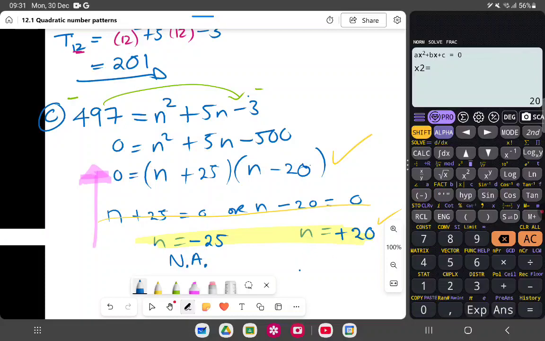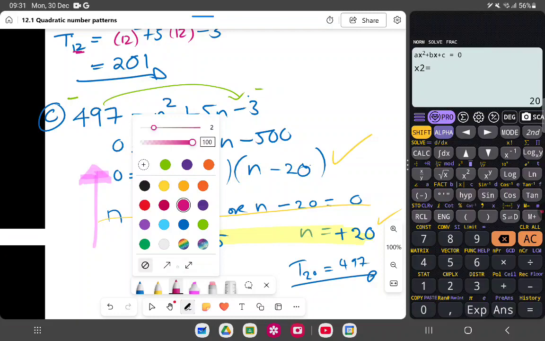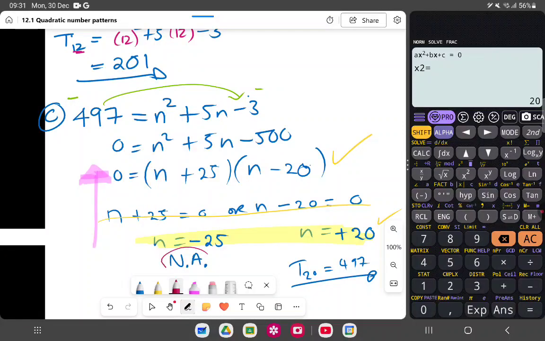And our answer is going to be term 20 equals 497. Now, please pay attention. You have to write this portion here. It must be written. If you don't write it, you will lose marks.